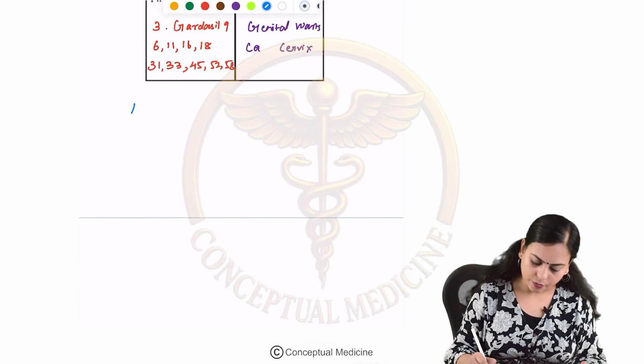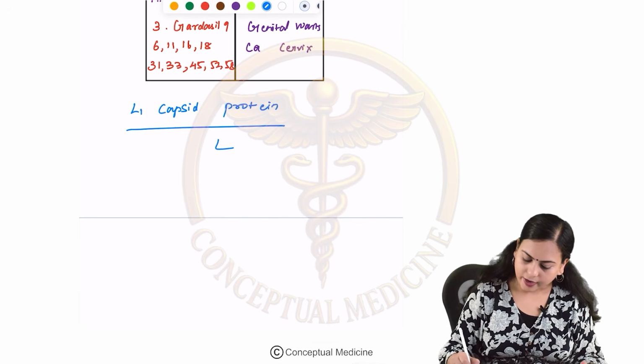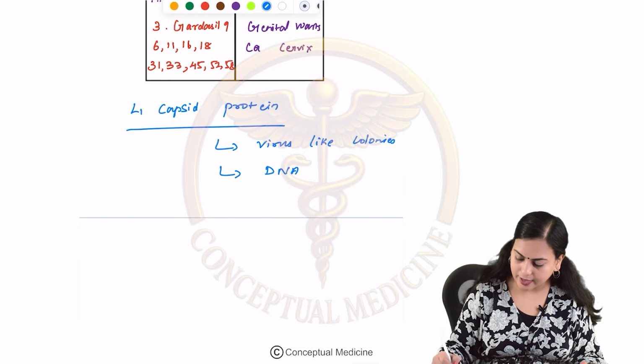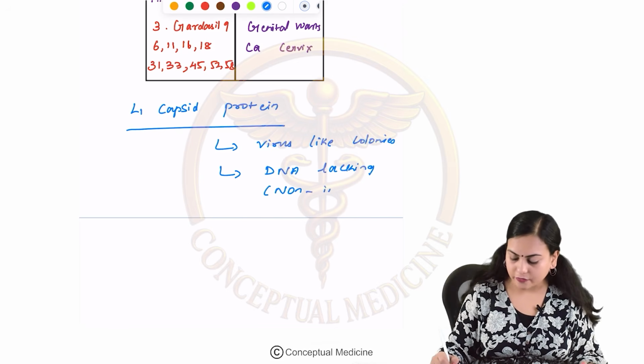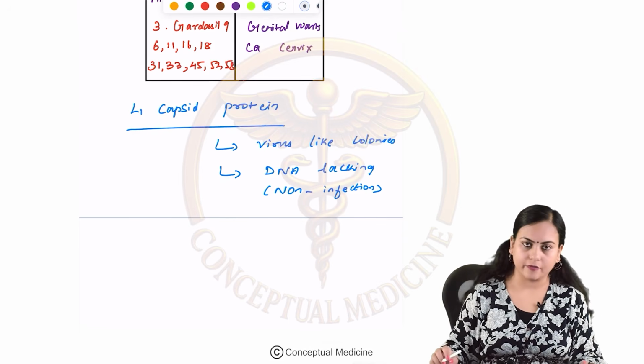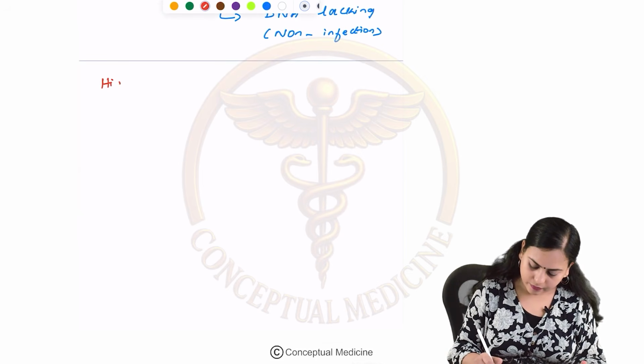Now, let us see how these vaccines are prepared. These vaccines are prepared from the L1 capsid protein from virus-like particles, and they lack DNA. So they become non-infectious, but they can bring about an antibody response when given. How does it become highly immunogenic?